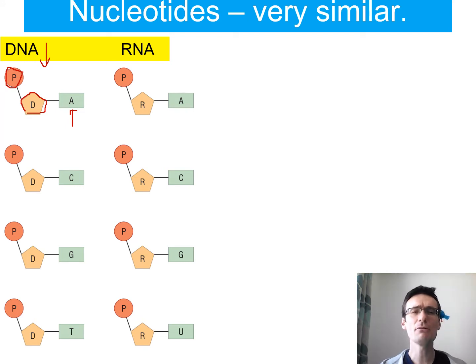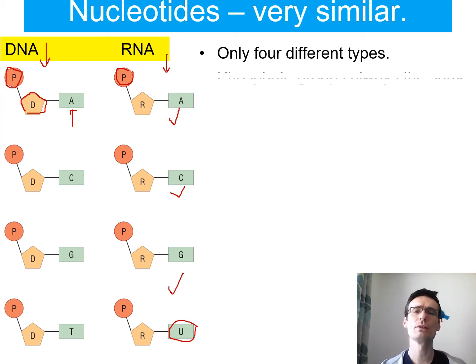If we look at RNA, you'll see that the structure is very, very similar, but there are subtle differences which you would be expected to discuss. Just like DNA, they have a phosphate group, except the sugar this time is ribose in the middle. The bases are the same, they have adenine, cytosine and guanine, but instead of thymine, they have uracil, which is a very similar molecule, but very slightly different in its atoms.